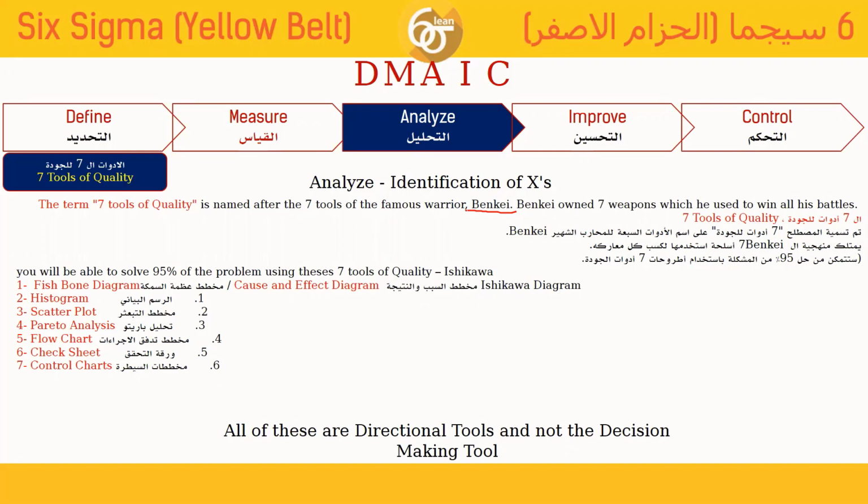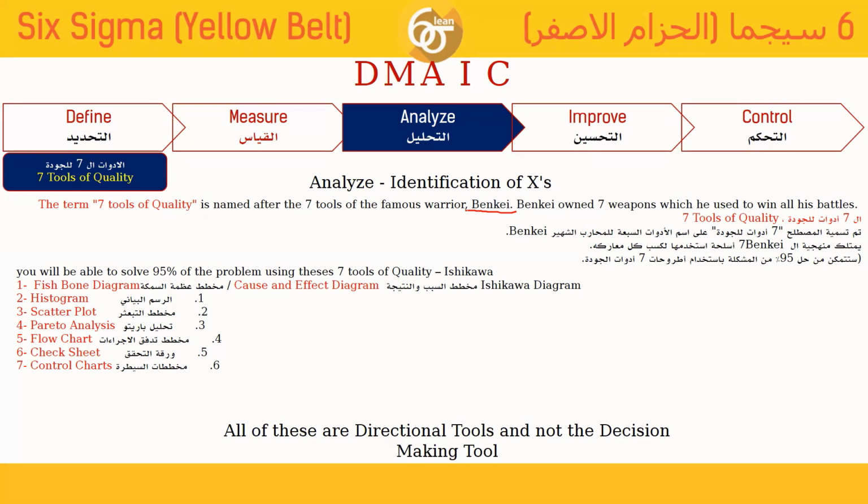From the 7 tools of quality, he would get the final result of his analysis, and decide whether to go to this battle or not. He did this every time before starting a battle, so success was always on his side.